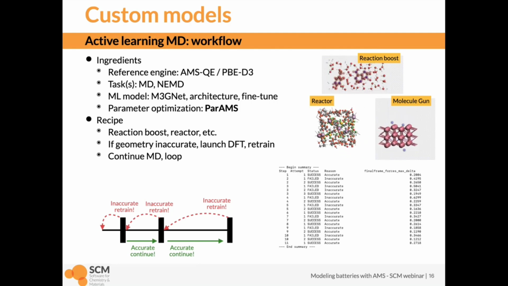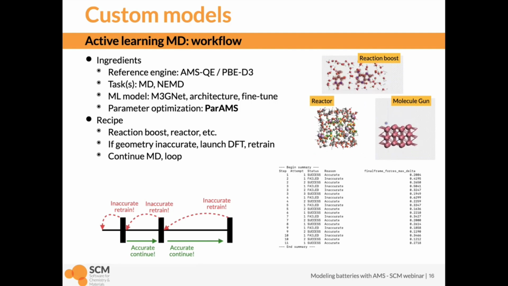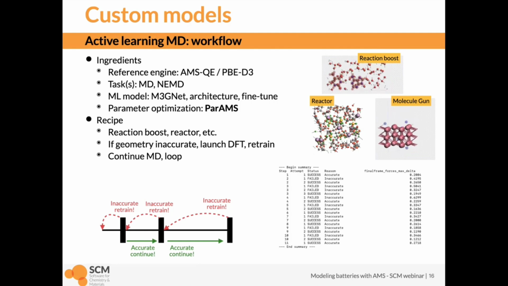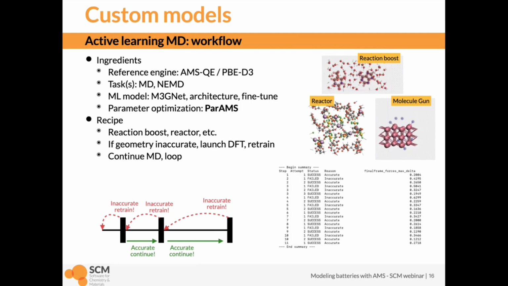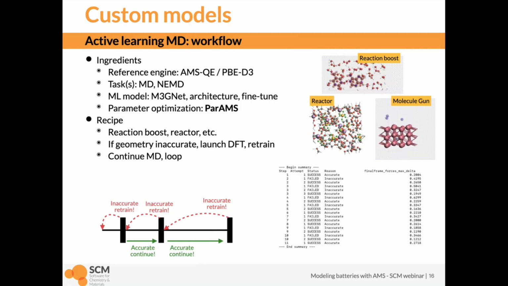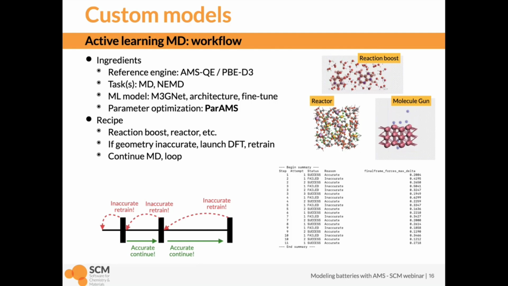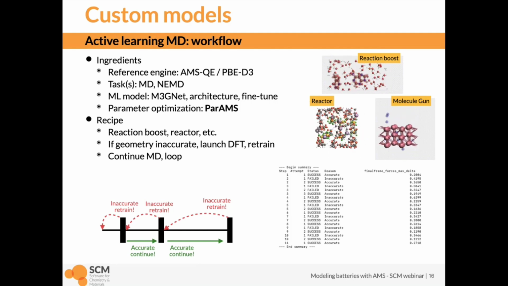At the checkpoint, it's going to perform a few reference calculations and calculate an error. If that error is not lower than some criteria that you've defined, it's going to add some of those reference calculations into the data set, retrain the model, and restart the molecular dynamic simulation from the last checkpoint. It's going to do that successively until it passes the checkpoint to address the second one.